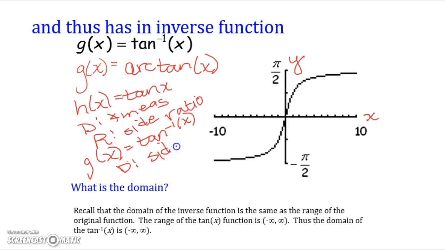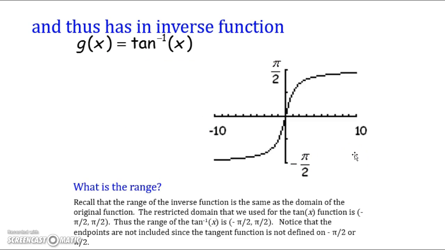So we're going to put side ratios in, just like sine and cosine, and that's going to map us back to our angle measures. And we're going to have to make sure that we pay attention to the fact that our domain is restricted to negative pi over 2 to positive pi over 2.